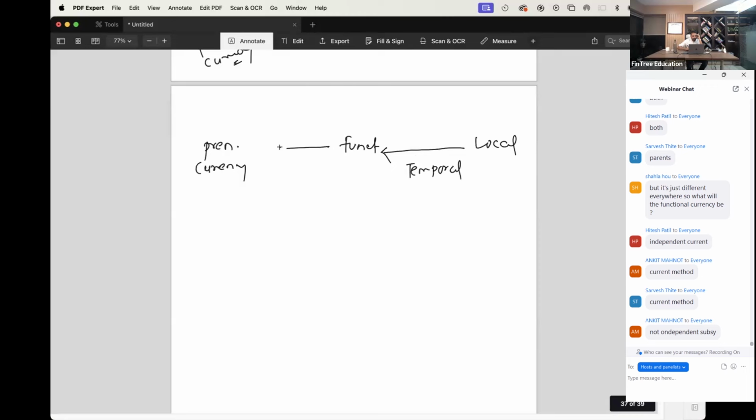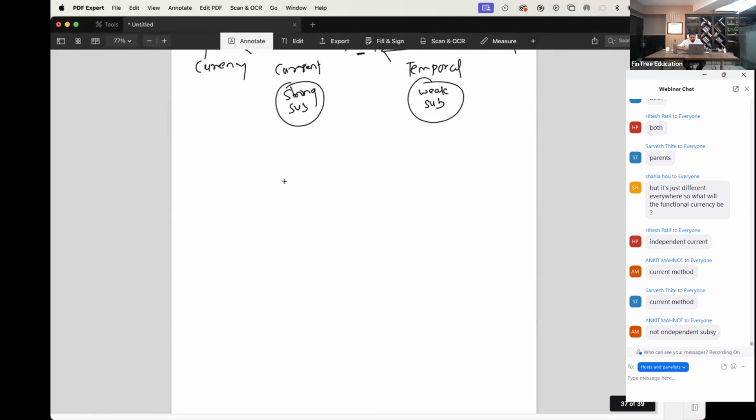And if I'm converting from functional currency to presentation currency, then I will use the current method. This is how you can think of a weak subsidiary. Okay, my language, not curriculum. This is how you can think of a strong subsidiary, because functional currency is the same as local currency. Up to this, are we okay? Yes, all right.